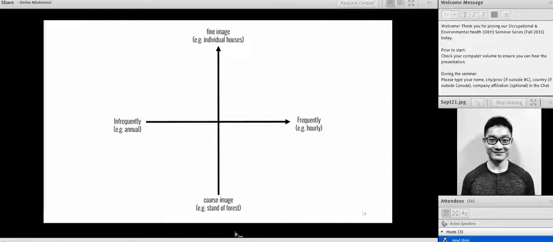Yeah, it depends, I guess. So around here, parks. Traffic. Fine. Very fine, both time-wise and space-wise. So we want to be here.